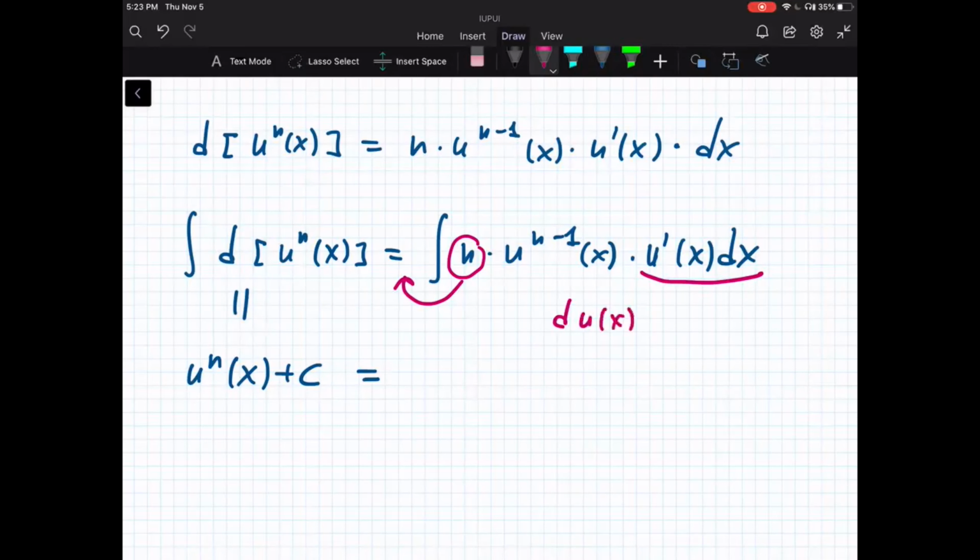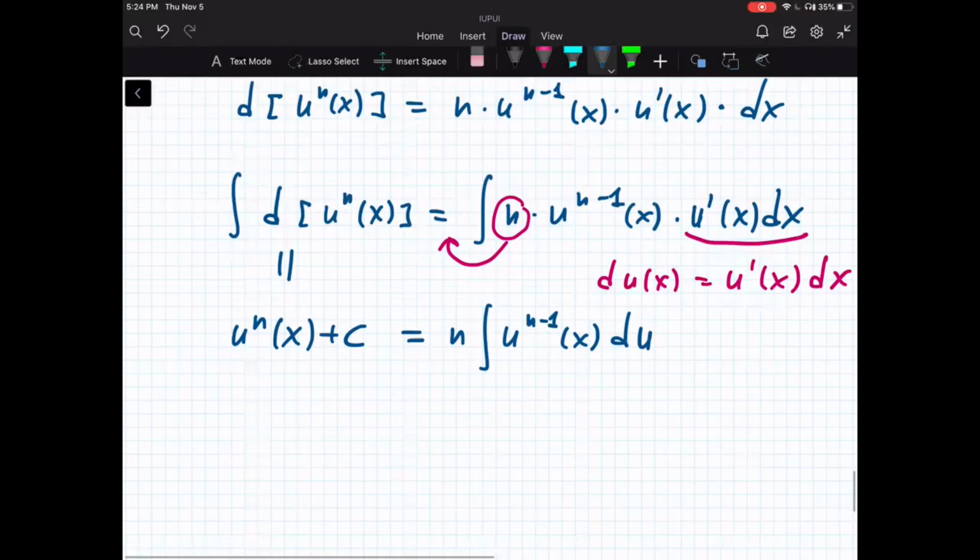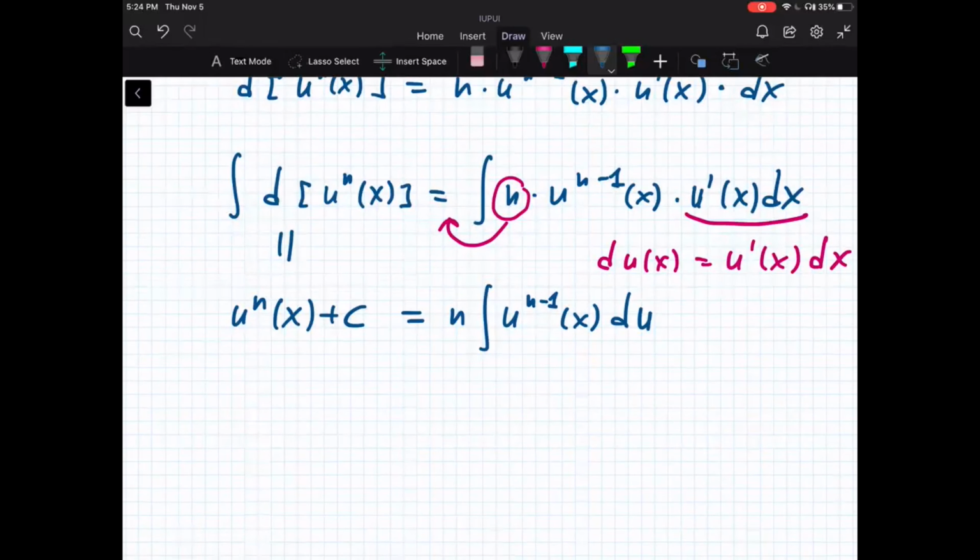Because what is du of x? It's exactly the derivative of that function times dx. And thus on the right-hand side, I have n times the integral of u to the power n minus 1 of x du. I can express my integral of u in the following way.